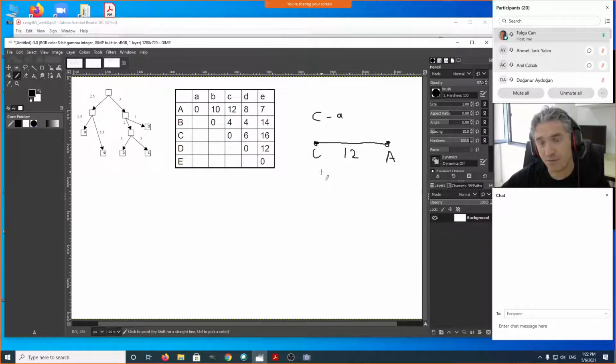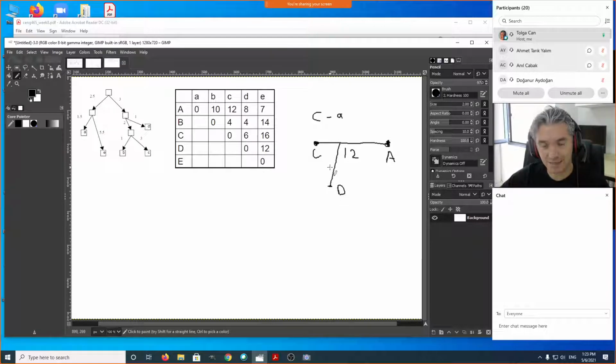Then I pick a third node, again randomly, to branch off from this existing branch between C and A. Let's pick, for example, D. I'm going to make D branch off at some point here.